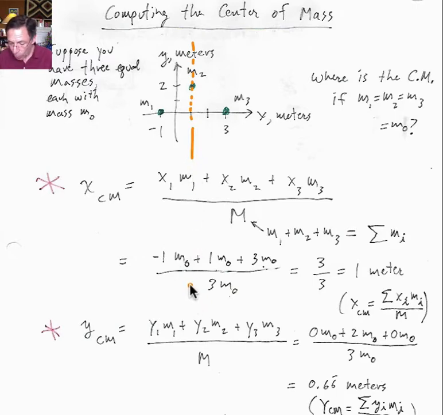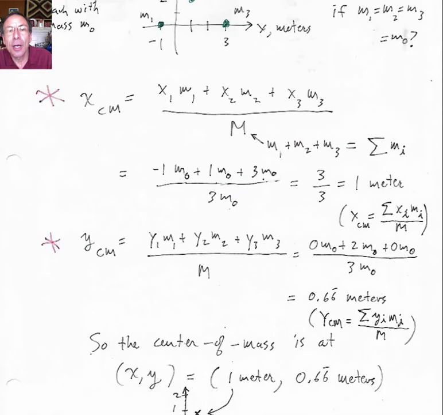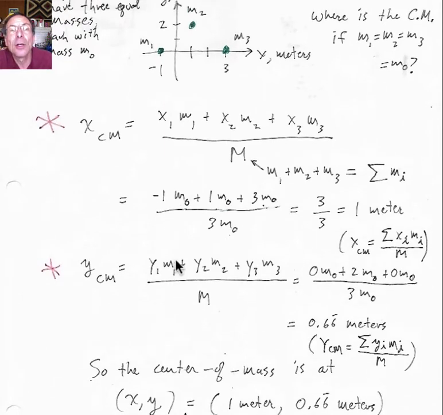Now we can go through the same process for the y location of the center of mass. So the y coordinate is 0 for mass 1, so I have a 0 there. The y coordinate is 2 meters for the second one. It's 0 for the third one. So I have 2 over 3, and so I get 0.66 meters.